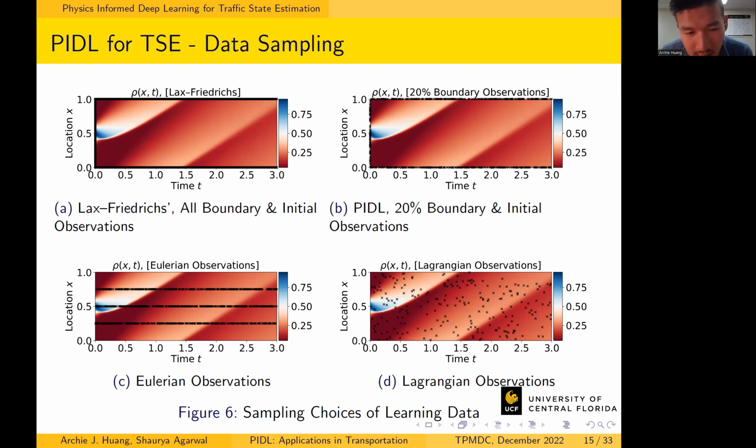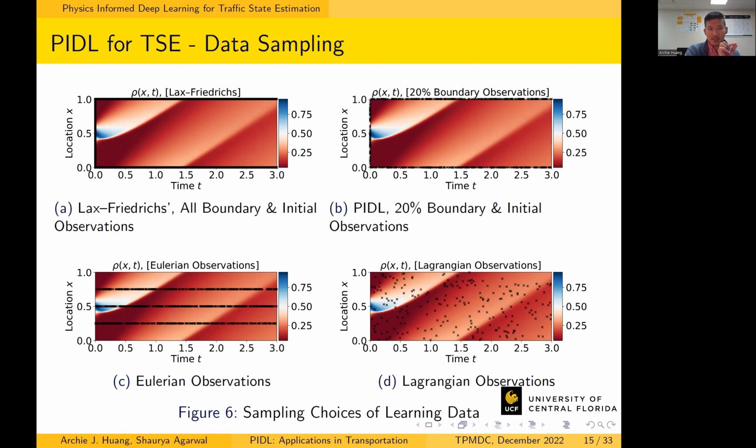In subfigures C and D here, we showcase two different data collection strategies for traffic states. In subfigure C, you will see these Eulerian observations, where you probably have video cameras or loop detectors embedded at specific locations.